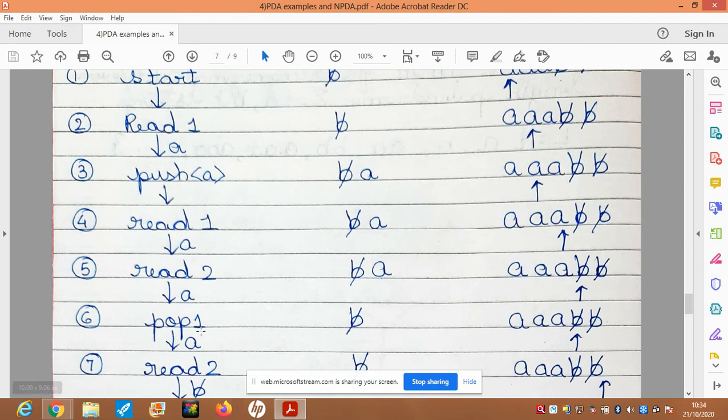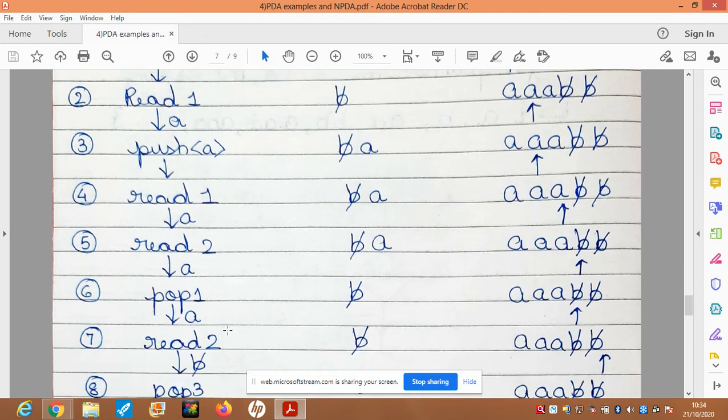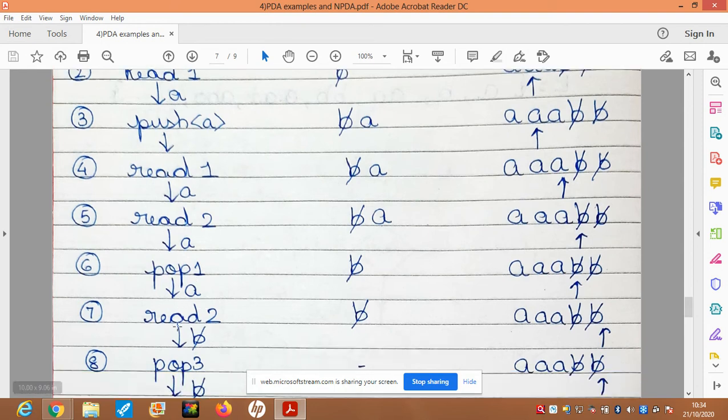So I pop an element from the stack. The element that is popped is an A. We see that the symbol that is read and the element that is popped are one and the same. So we go back to the state read 2. The symbol that is being read is a blank character.